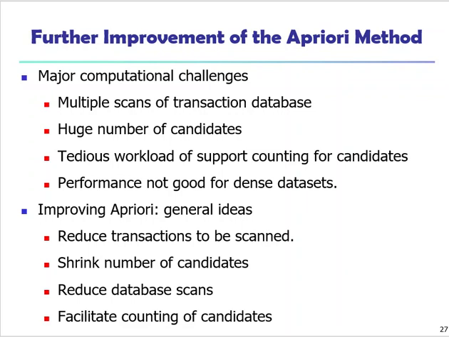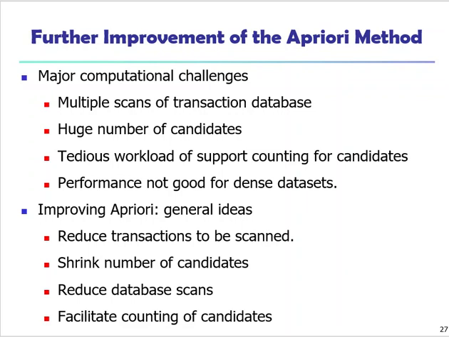To improve Apriori, there are some general ideas. We can reduce transactions to be counted, right? If we can somehow remove the transactions from the database that won't actually change any of our decisions, then why do we need to scan and check those transactions? We can reduce the number of transactions. We could also shrink the number of candidate itemsets.